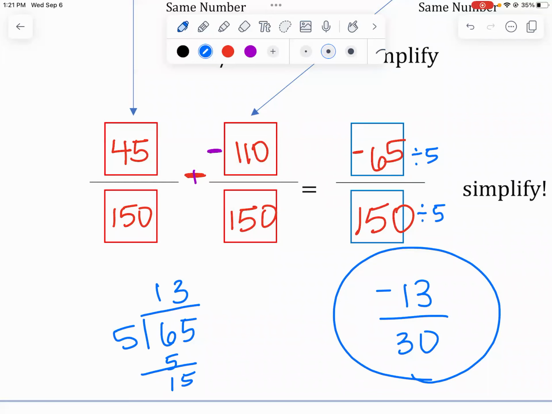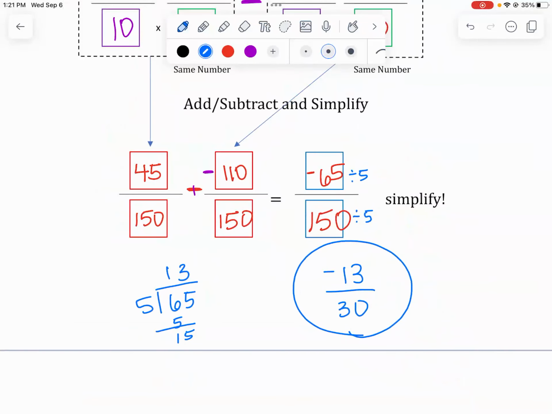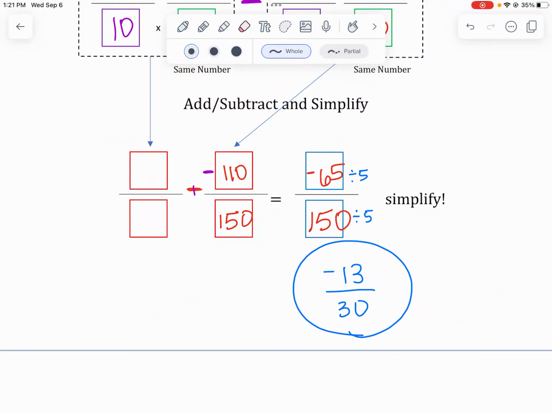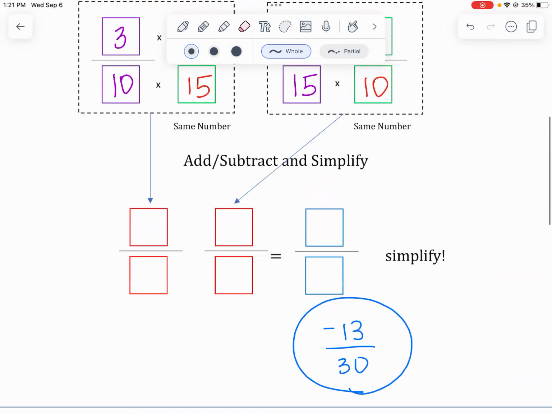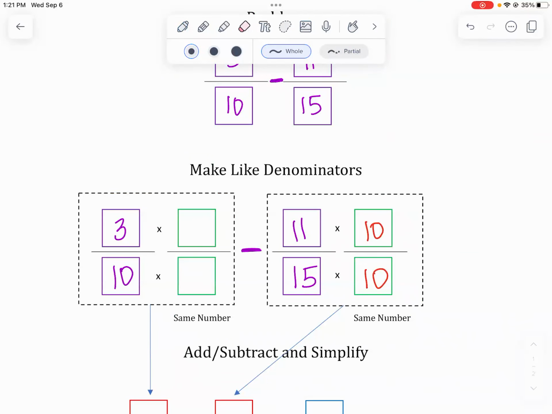Okay, so I'm gonna erase this real quick, everything except the answer. And you can just follow along, or if you want to write it down, that's up to you. So Allie is saying we can make a common denominator of 30.